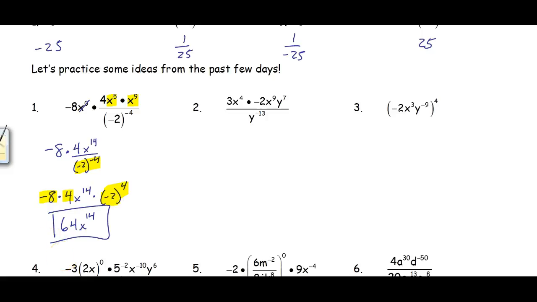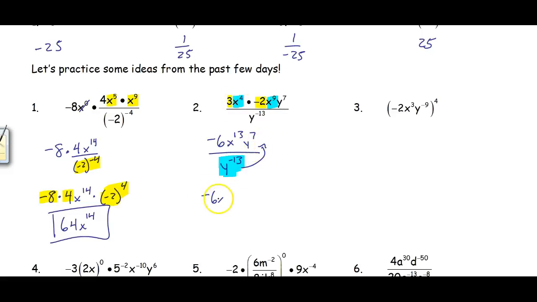All right, number 2. Let's simplify our top and bottom before we move anything around. 3 times -2, -6. Okay, you do have some exponents to combine here. So remember, we're going to add our exponents. Okay, so here now, that's the only thing we're going to have to move upwards.